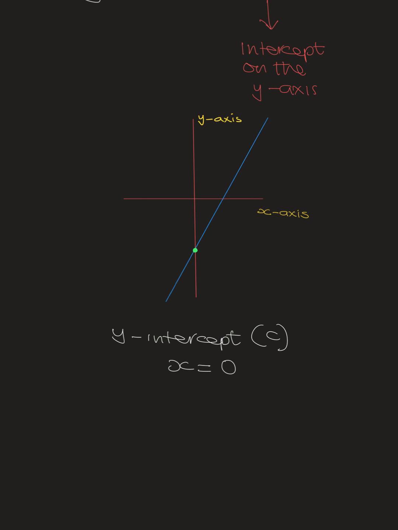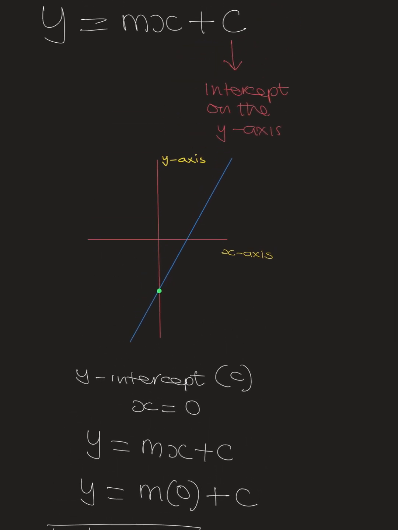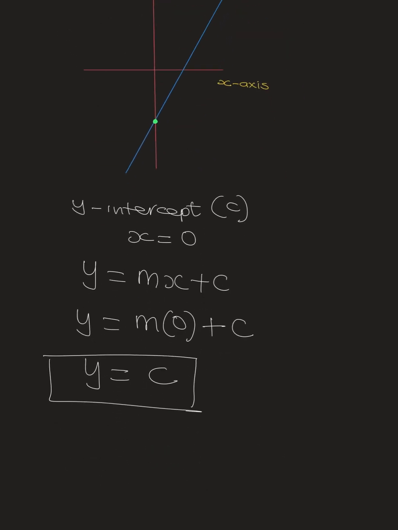It makes sense, because if this is the point where you have the y-intercept, x is 0, as you can see. So using the equation y is equal to mx plus c, y is equal to m times 0 plus c, we're going to have y is equal to c. So this is the y-intercept. It is the letter c that you have in the linear equation.